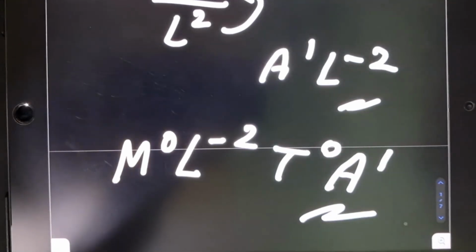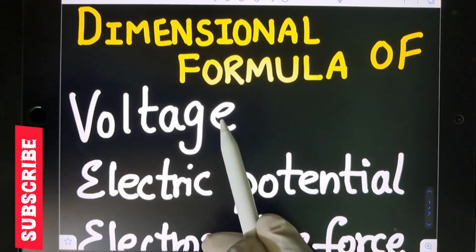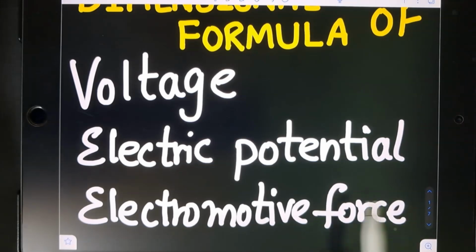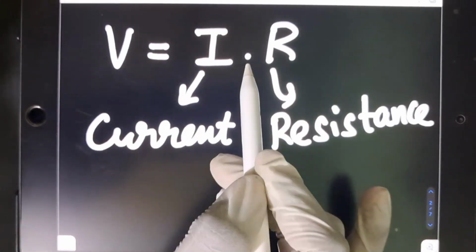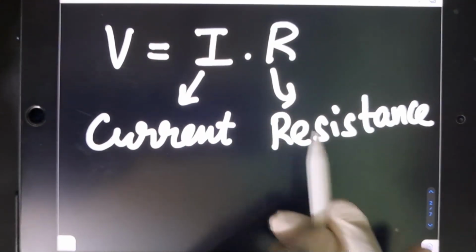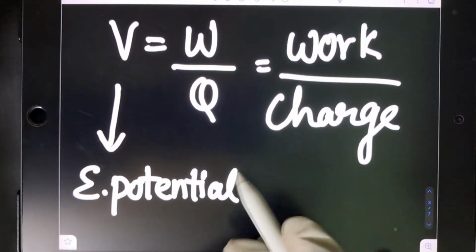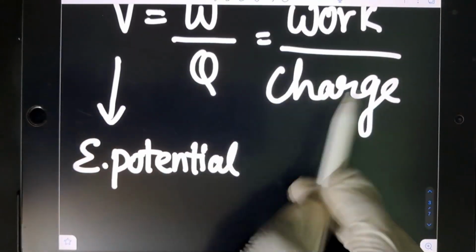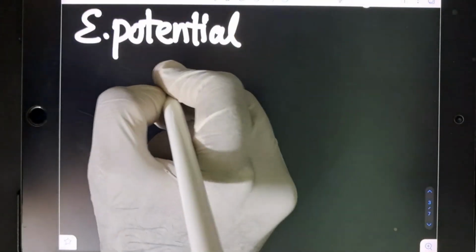To find the dimensional formula of voltage or electric potential or electromotive force EMF, let's find out with formulas. V is equal to IR. Here I represents current, R represents resistance. V is also equal to work by charge, V is equal to W by Q. V represents electric potential. So let's do this.